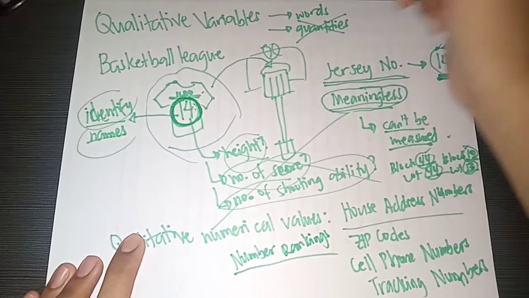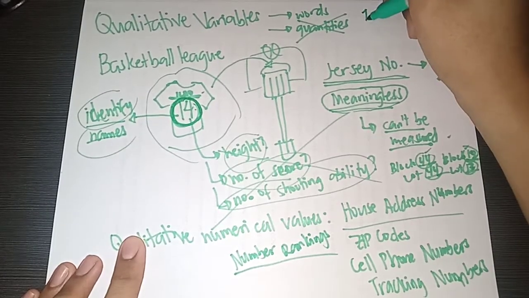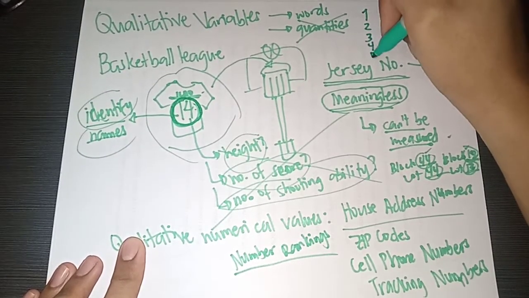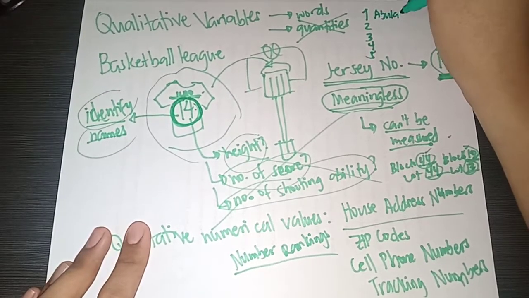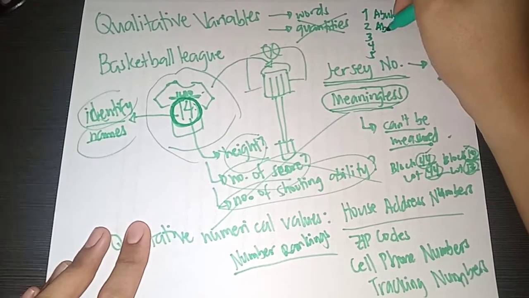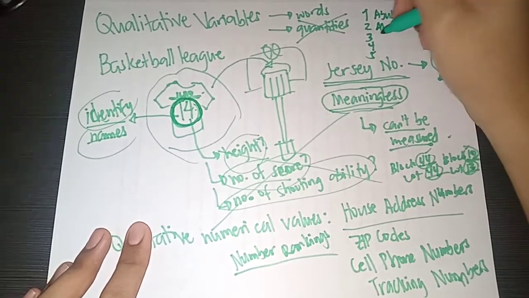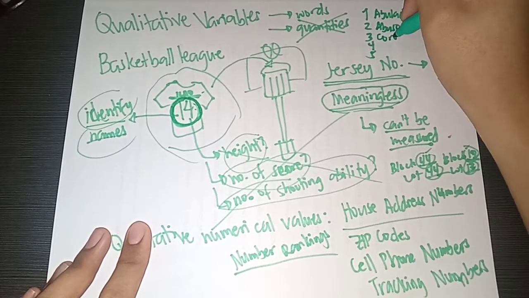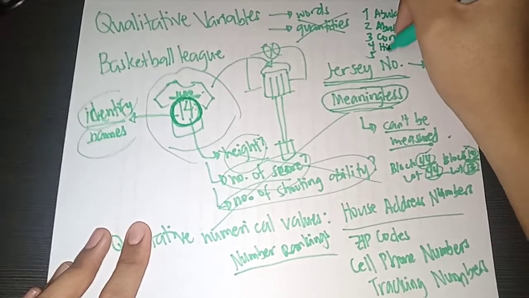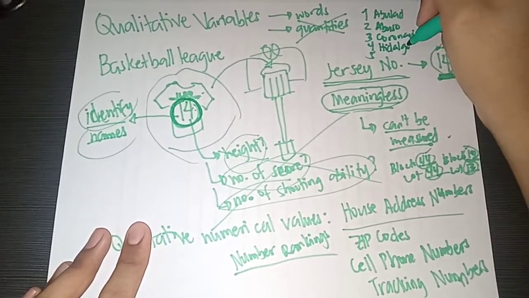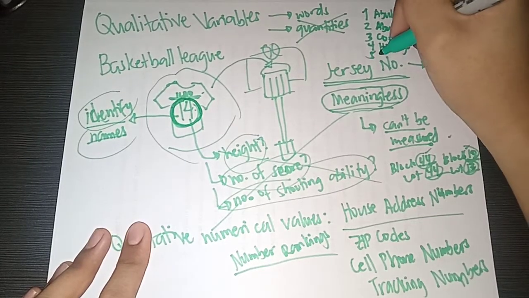Why? Let's say, for instance, we have the top 5: 1, 2, 3, 4, 5. Let's say number 1 is Abulad, number 2 is Abuso, number 3 is Koronasyon, number 4 is Hidalgo, and number 5 is Valencia.